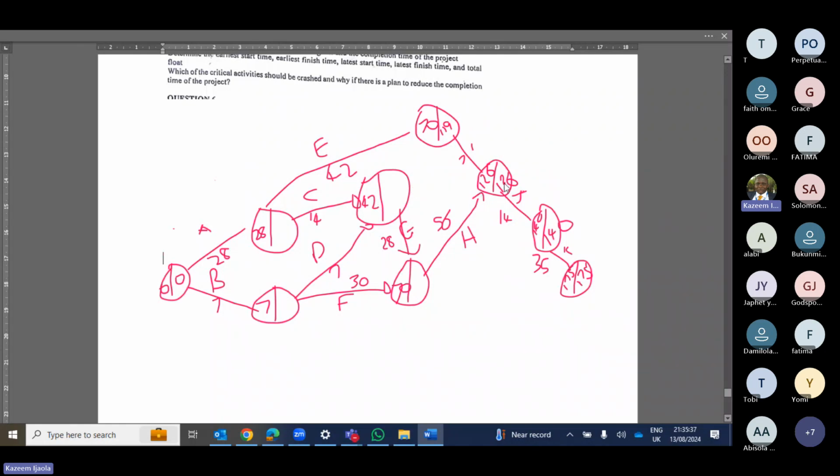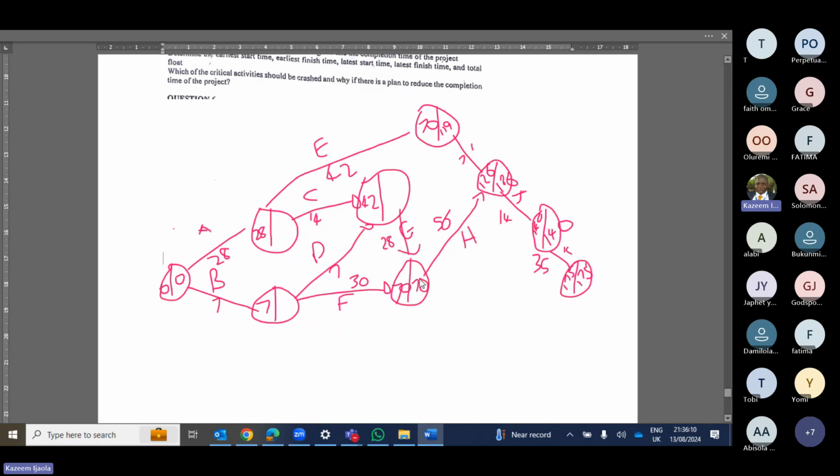So here we have 126. 126 minus 56, what does it give us? It gives us 70.